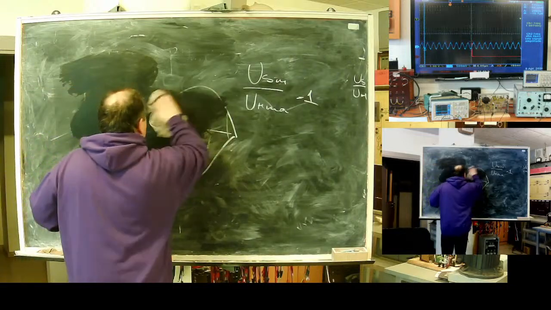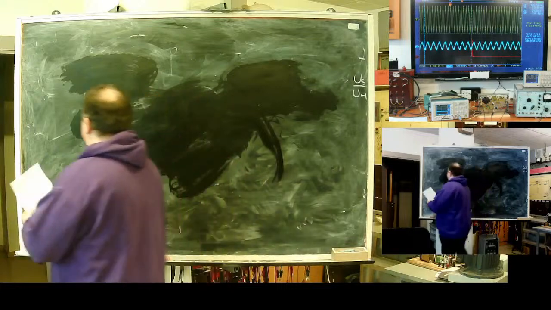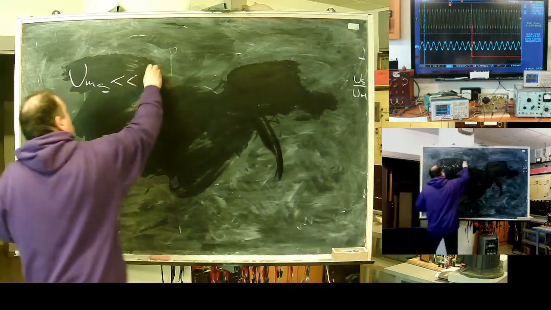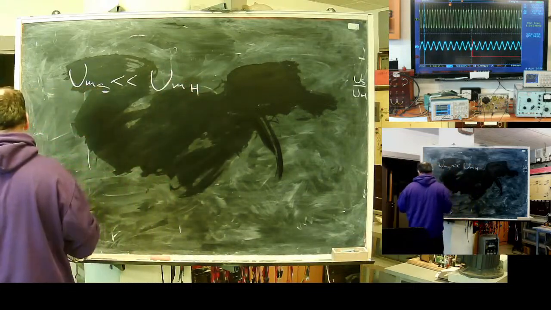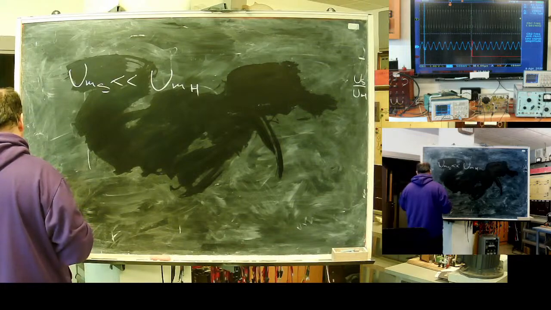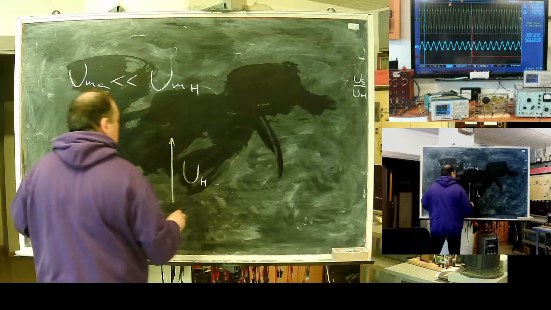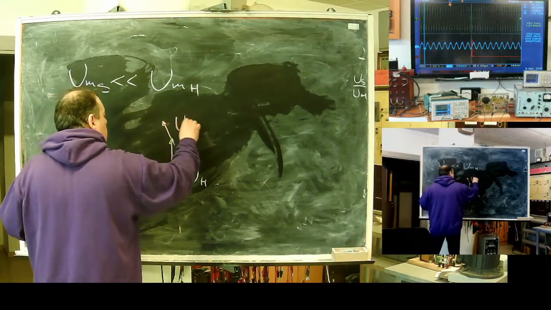Take a look at a case where U max signal is much less than U max heterodyne. In this case, we will see what? Large U heterodyne and very small U signal.